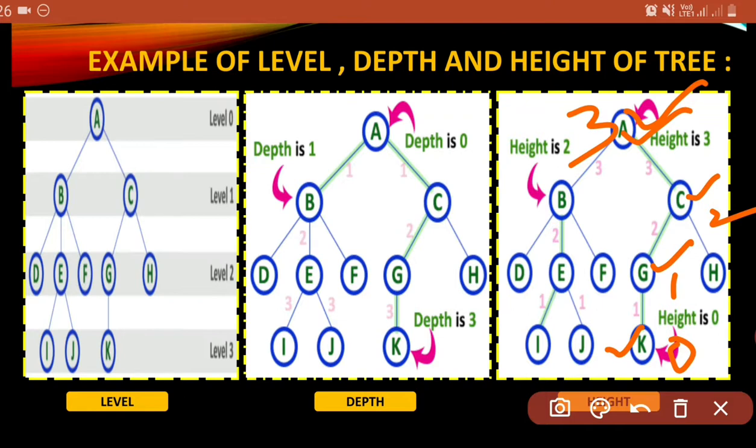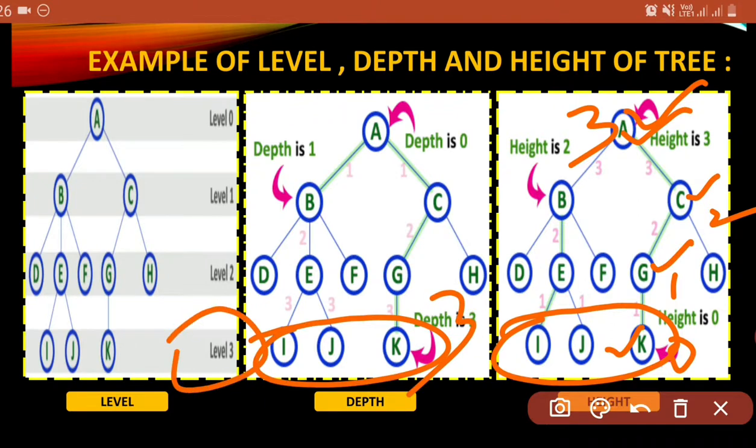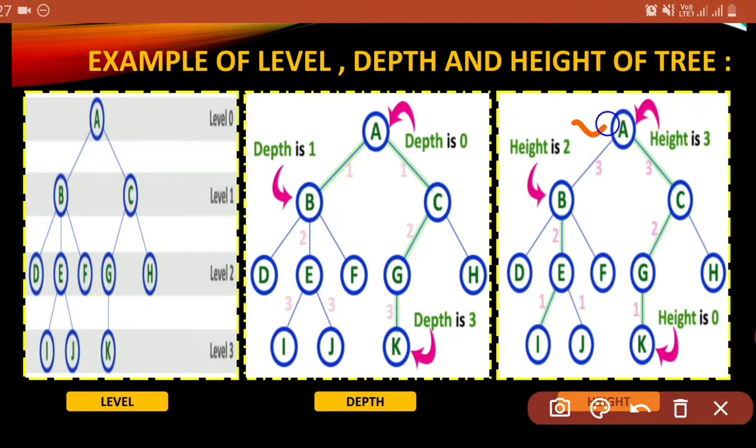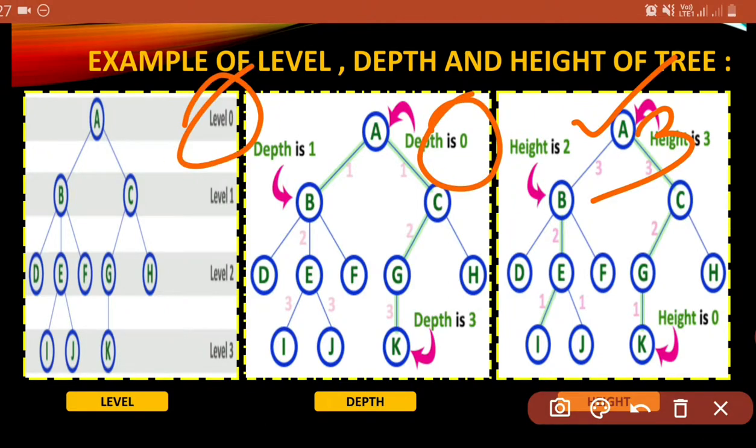You have to keep in mind, each and every leaf node's height is 0, but depth is 3 and level is 3. But when we are talking about the root node, height is 3, depth is 0, level is 0.